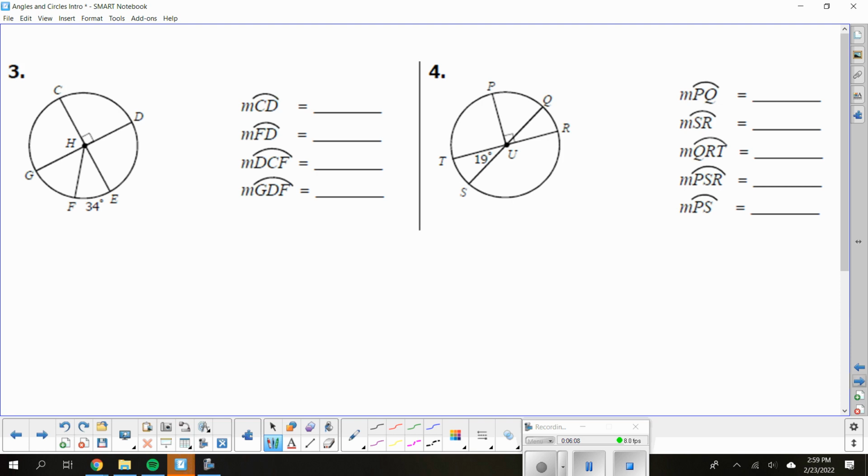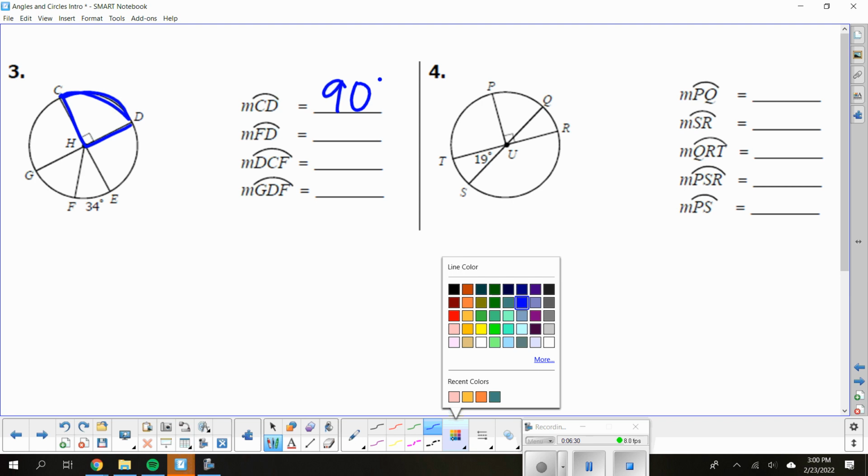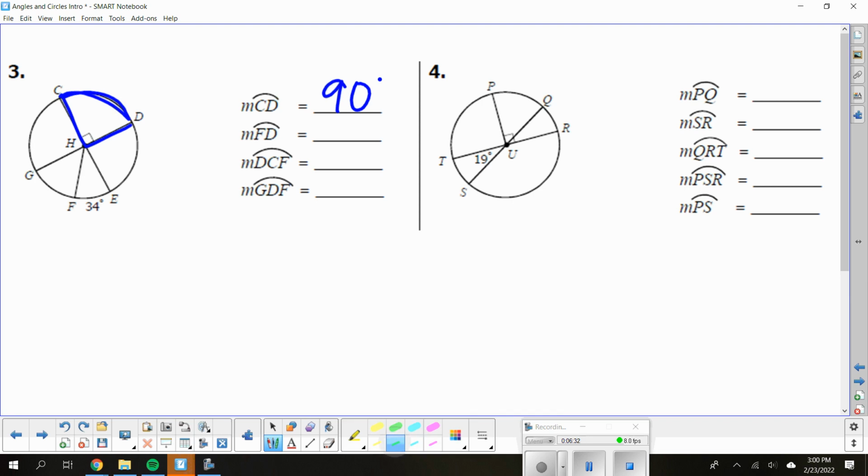All right, so let's see here. On number 3, I have C to D. C to D is going back to this angle, which is 90, so I have a 90-degree angle. Well, hold on, there's a couple diameters here.